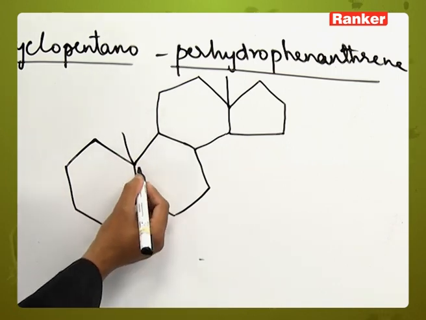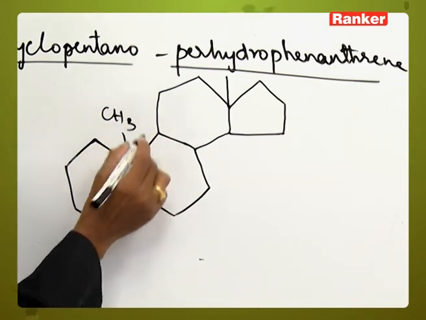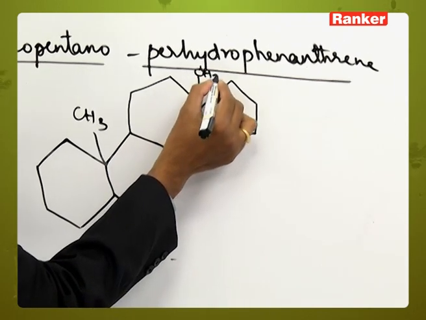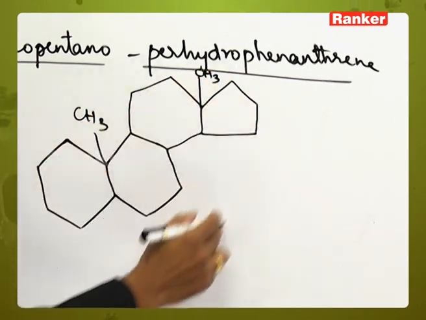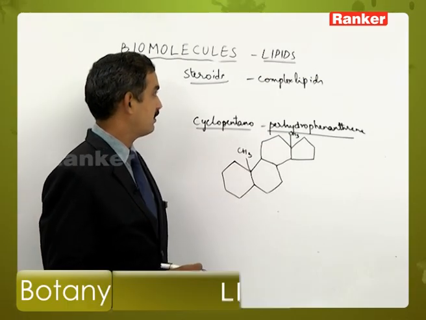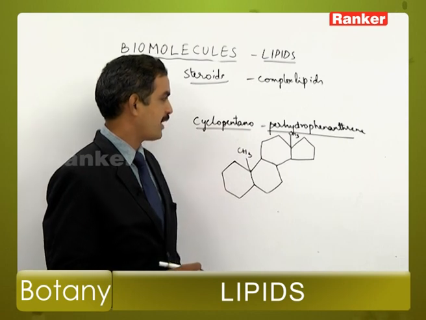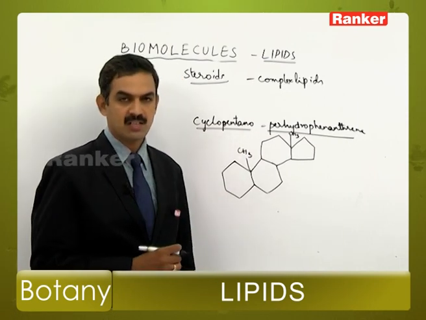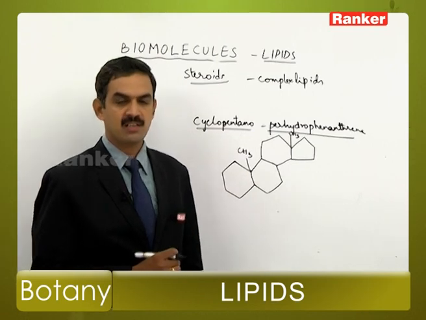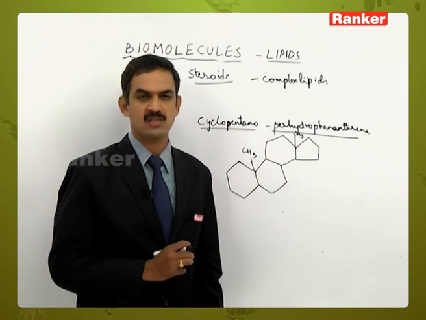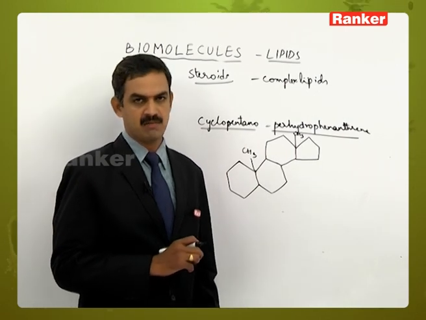They have the methyl groups at the 10th position and also on the 13th position. So this is the molecular structure that can be seen in the steroids. These are the structures which are present in animals, which are helpful for synthesis of various types of hormones and also other metabolic activities.